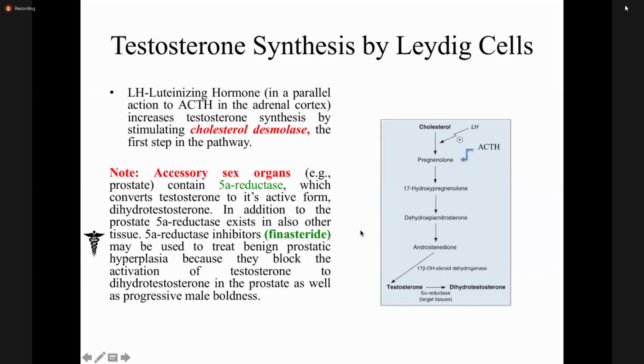Testosterone and dihydrotestosterone are slightly different, and they cause different changes in the male body. Although testosterone may be particularly important at the early stage of life, dihydrotestosterone is what leads to the maturity of the male reproductive system.